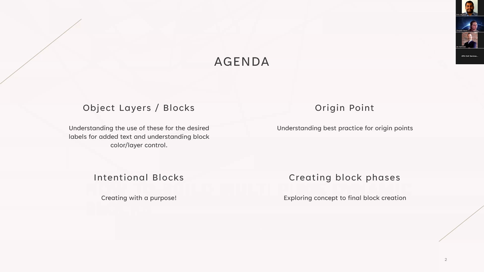Next, we're going to look at conceptualizing and creating blocks, as well as going through the process of what that could look like. And then we'll talk through getting from a concept to preliminary to our final, and then actually executing it for pushing this out.